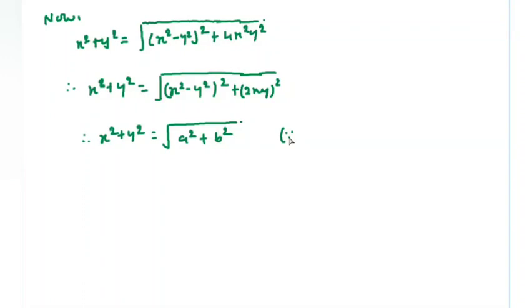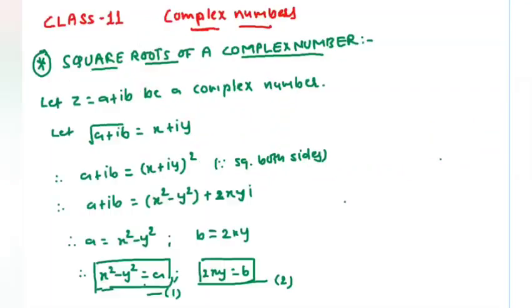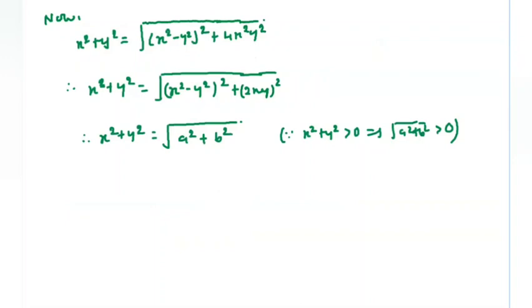Why? x square plus y square is always greater than 0, and therefore root of x square plus y square is also positive. Clear? Now we have obtained this equation. Say this is equation number 3.